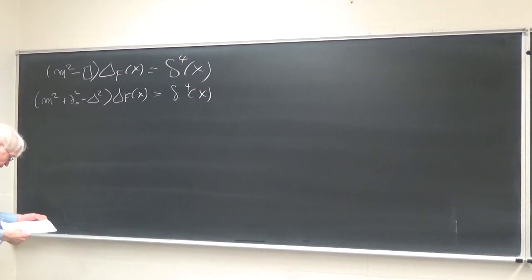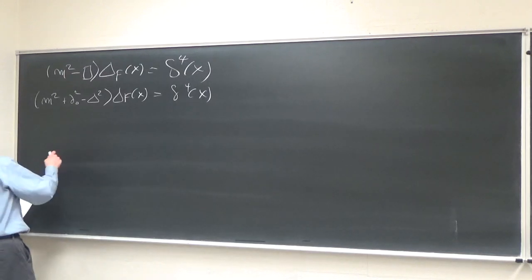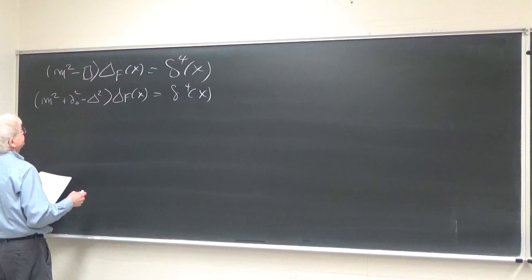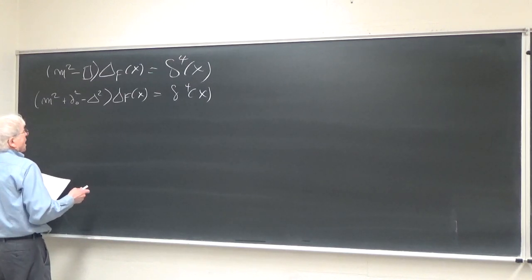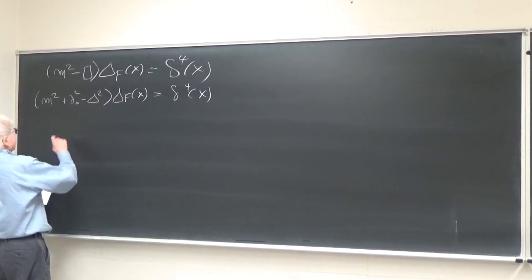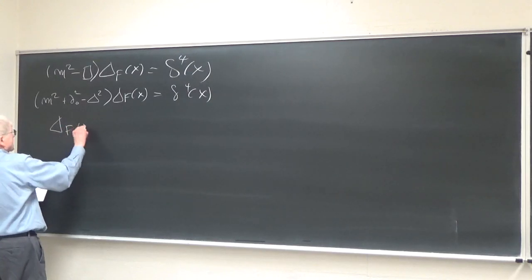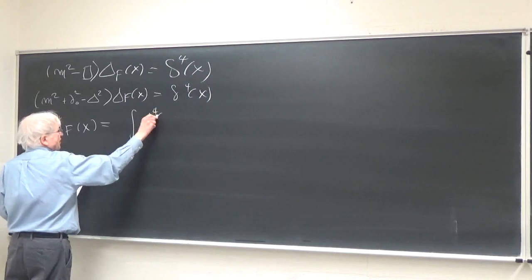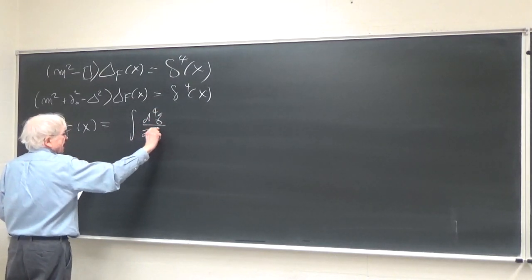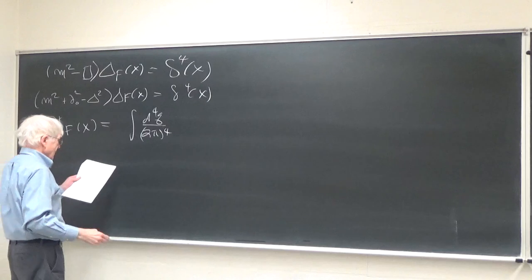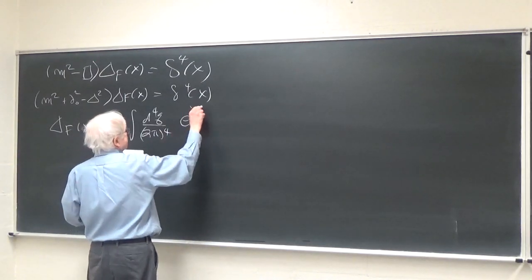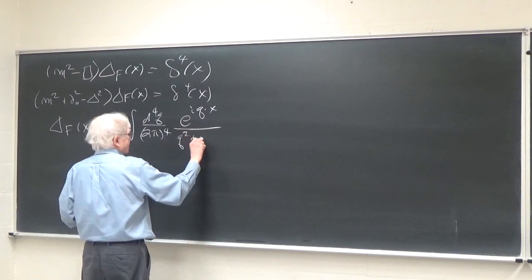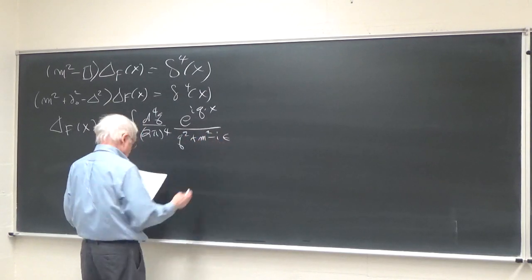And what we said last time was that this was in fact a four-dimensional integral, d4 q over 2 pi to the fourth, e to the I q x over q squared plus m squared minus I epsilon.